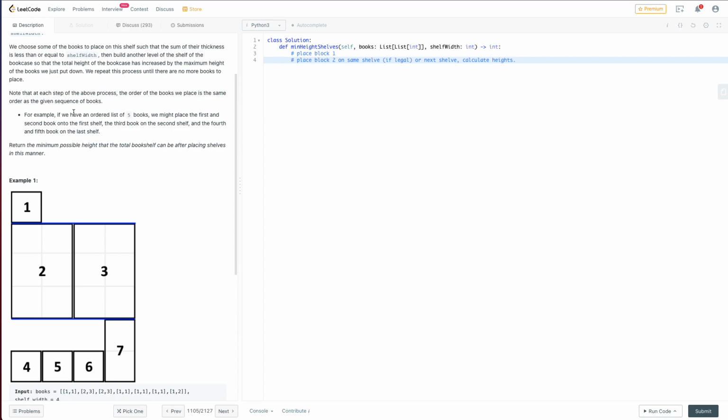So in this case, it considered both possibilities, and then on the third one, we say we have to place it on the next shelf. So we do 1, 2, 3, or 1, 2, 3, or 1, 2, 3.